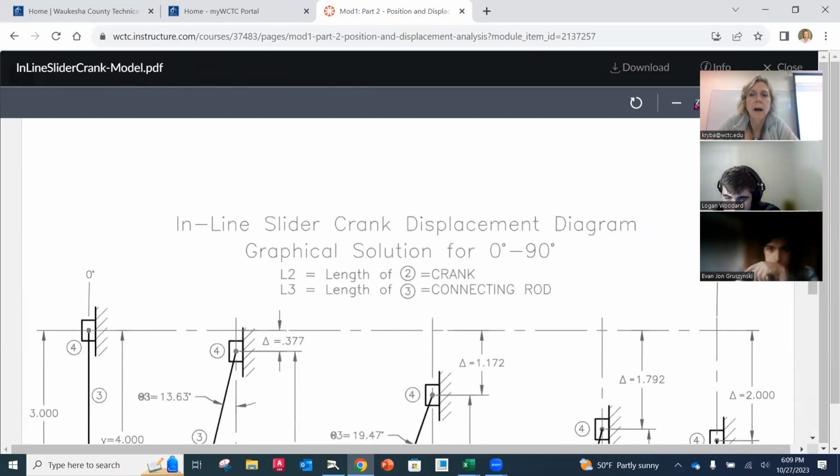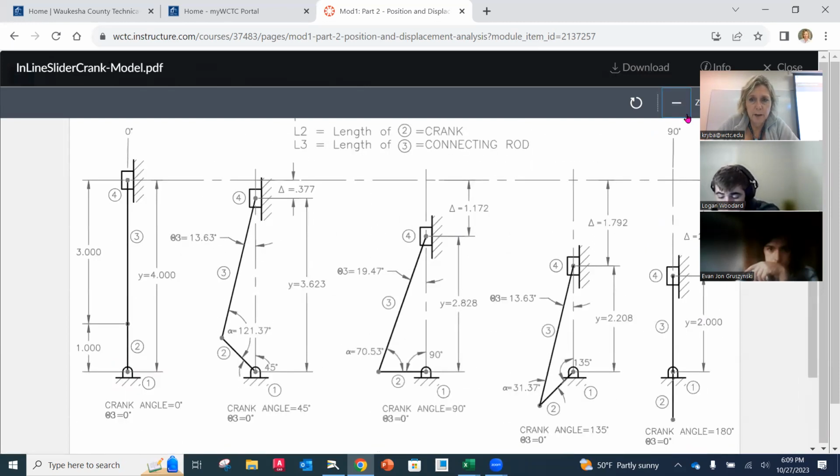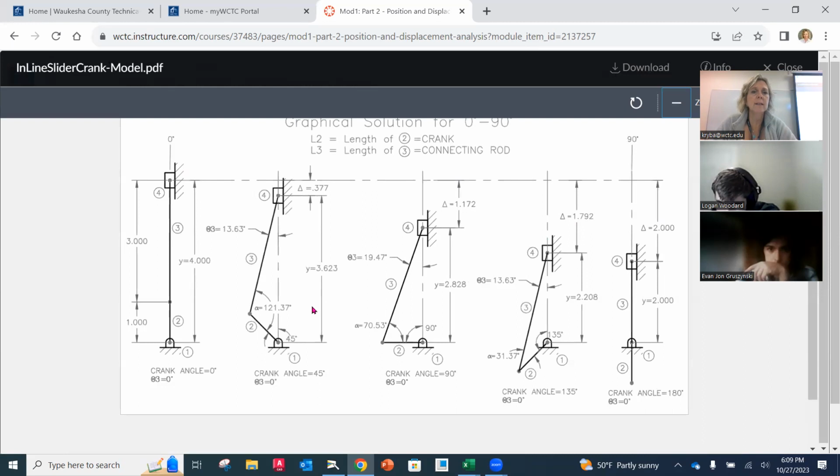Now, I'm going to make a disclaimer here for you. You don't have to do all these levels or all these labels at each point. But what you will do is show yours in its fully extended position, which in your case will actually be horizontal. That's going to be your furthest out position. Then you're going to move your crank however many degrees it is.